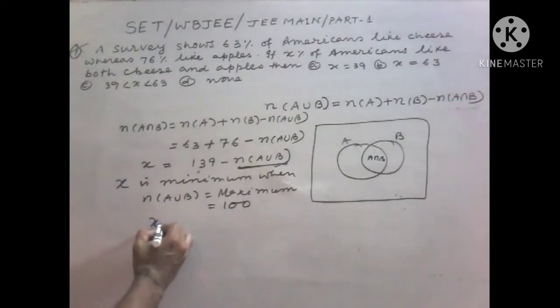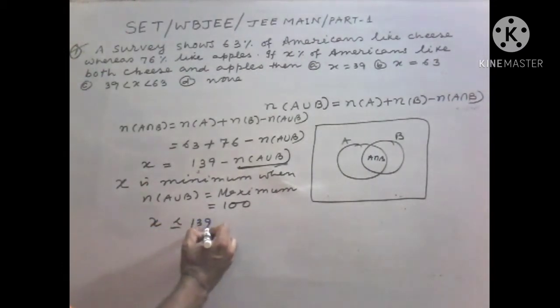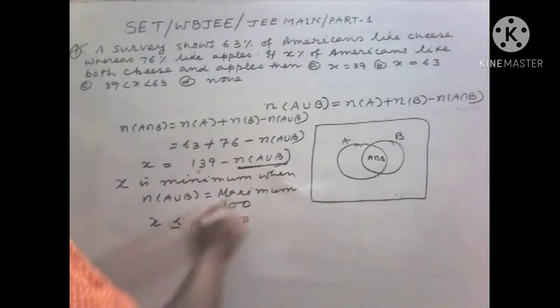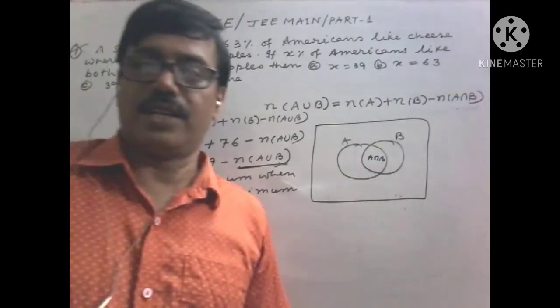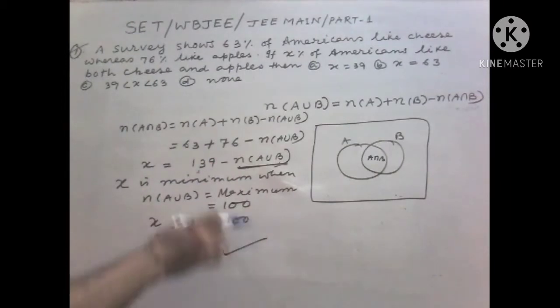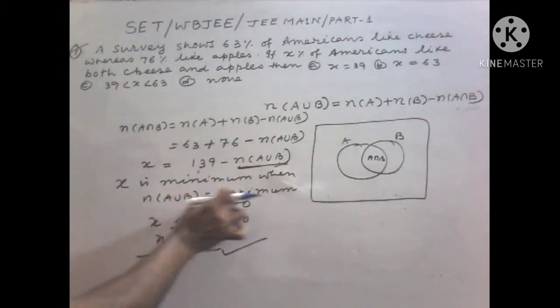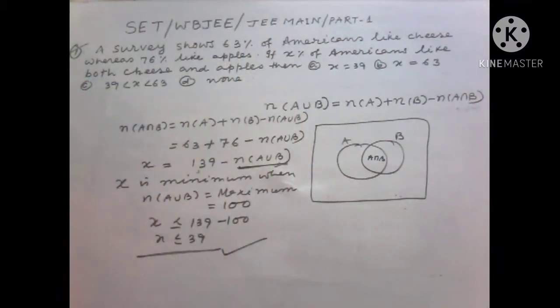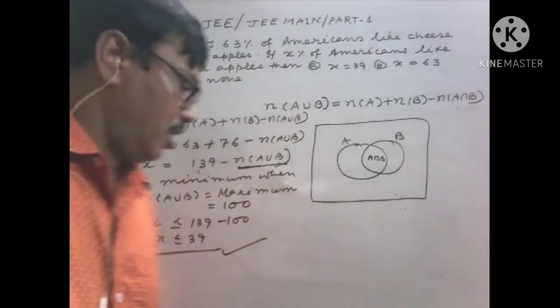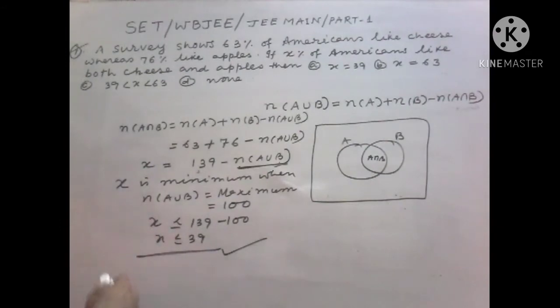So, what is x? x is at least 139 minus 100, so x is at least 39. So, maximum value of A union B should be 100. It is given in terms of percentage. So, this is the minimum value.